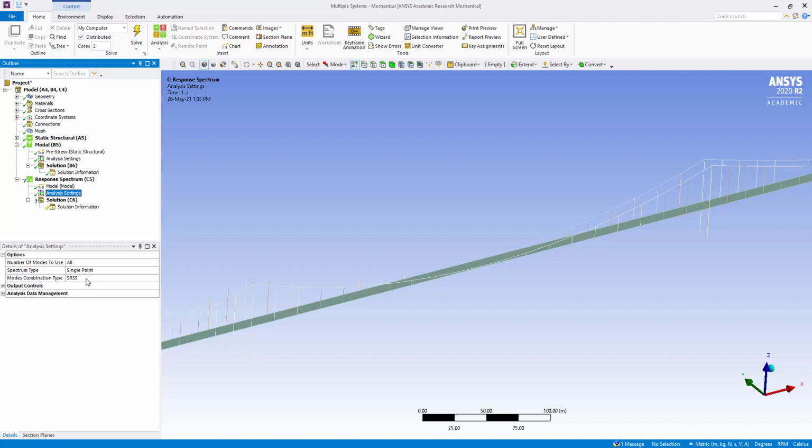If the frequencies received from the modal analysis are closely spaced, then SRSS should not be used. So instead of this, we can take the rows, so we have changed to rows. Here we now have to insert RS acceleration.